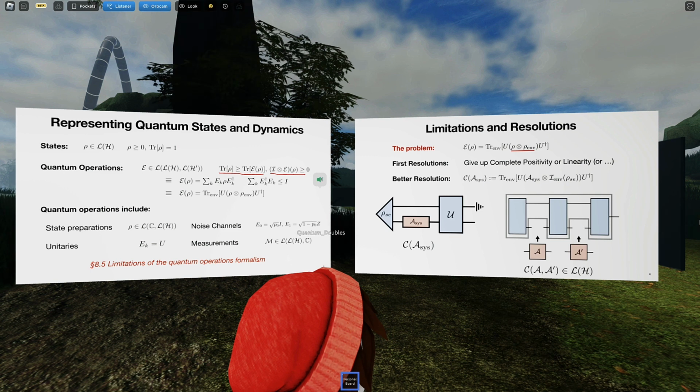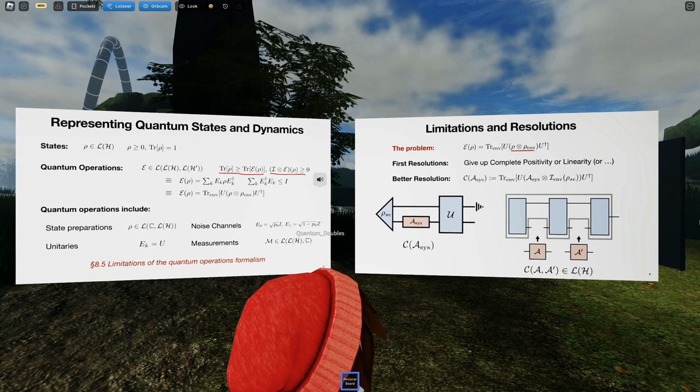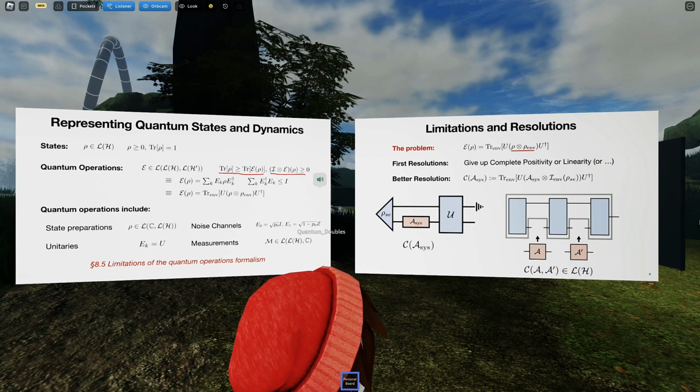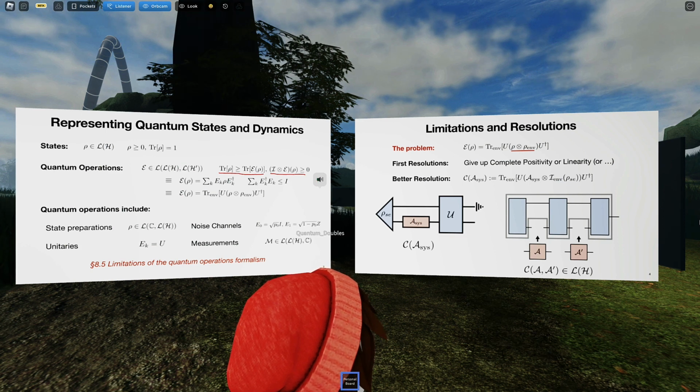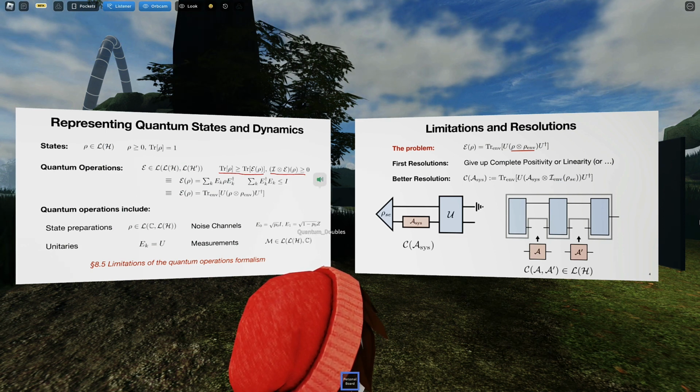One option is to give up complete positivity, but we probably don't want this, right? Complete positivity in a certain sense means that we can map valid probability distributions to other valid probability distributions. We don't have any negative probabilities cropping up, which is one thing that people do look at in quantum mechanics. So maybe we don't want to give that up.